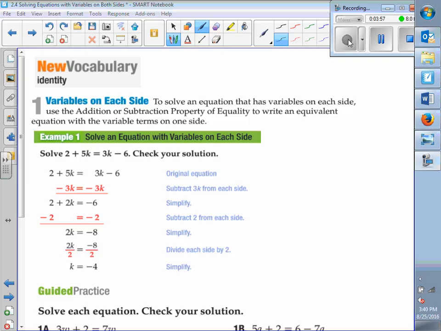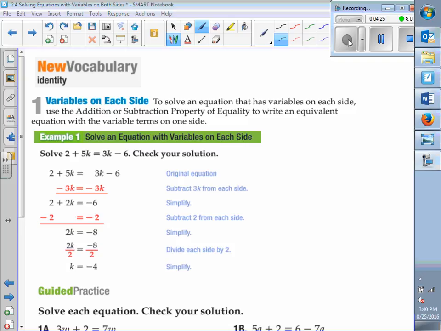We don't have to start with subtracting 3k on both sides. Couldn't I also subtract 5k on both sides? Yes, it doesn't matter. Here, we're just subtracting 3k on both sides because we like to keep the coefficient in front of the variable positive. But that's just a personal preference. And then you continue with your inverse operations to isolate your variable.